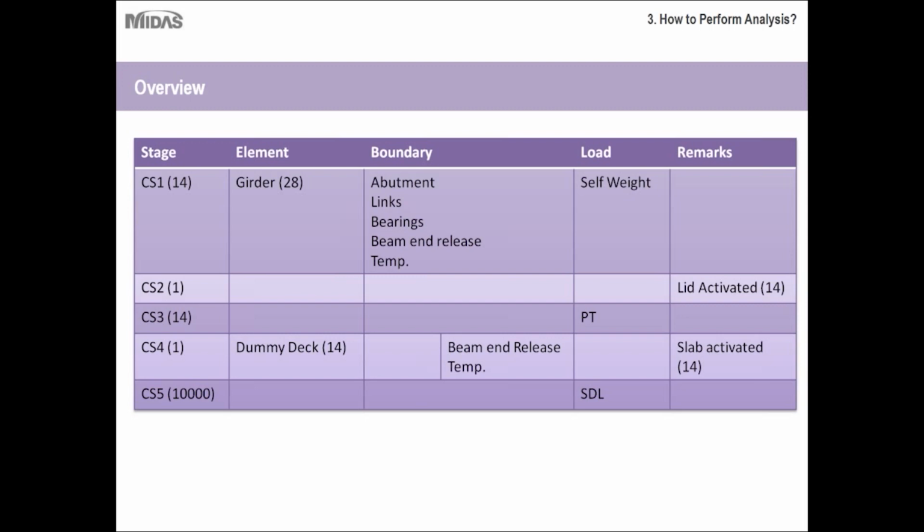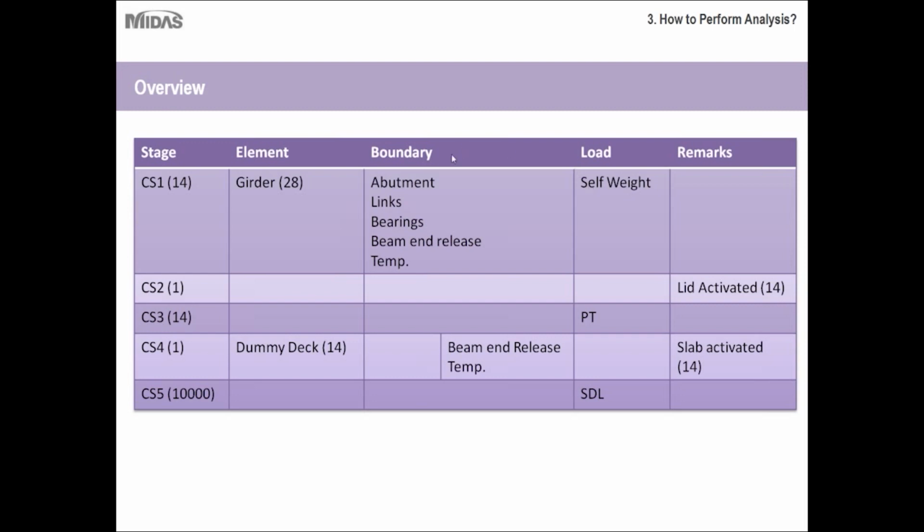For the construction staging, we'll be following this given scheme here. We'll have stage 1, where we are activating the abutments and the main girders in one go, because we are not modeling the substructure, so I didn't make 2 different stages. You can go for the first stage to be just the substructure, and the second stage to be the superstructure added, but since that part is missing, we just moved on with the superstructure.